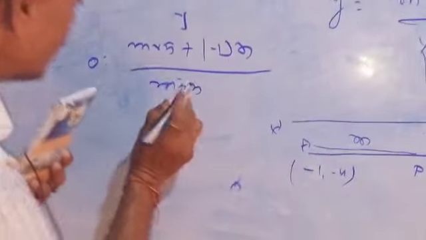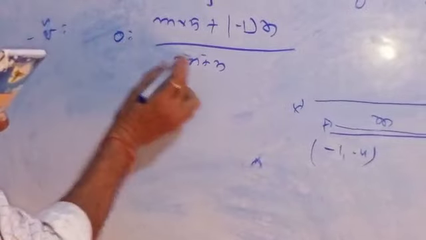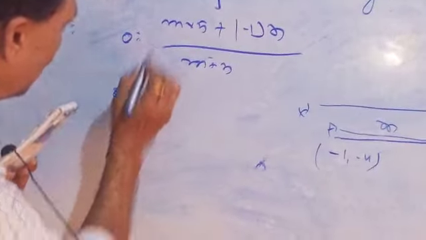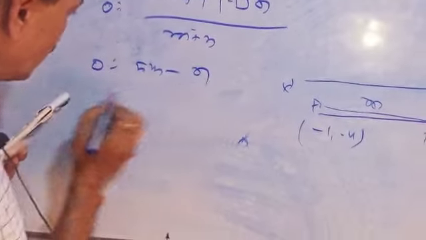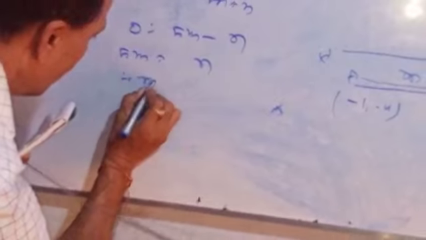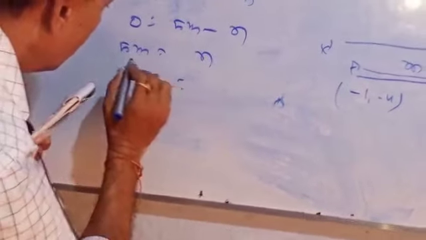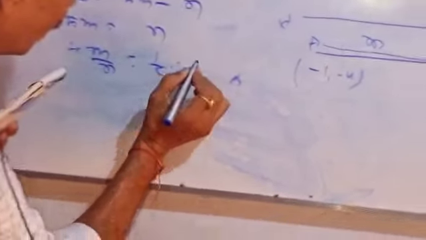By cross multiplication, 0 into (m plus n) equals 0. It becomes 5m minus n. Therefore 5m equals n. Therefore m by n equals 1 by 5. That is the answer.